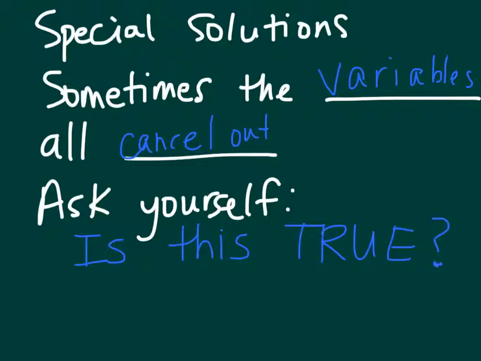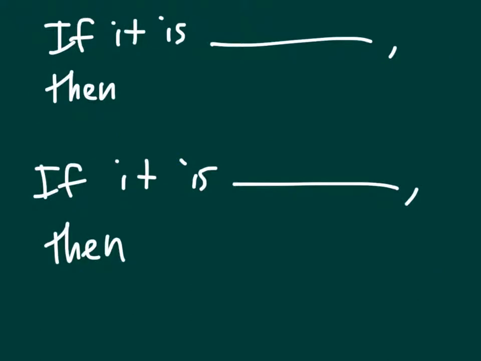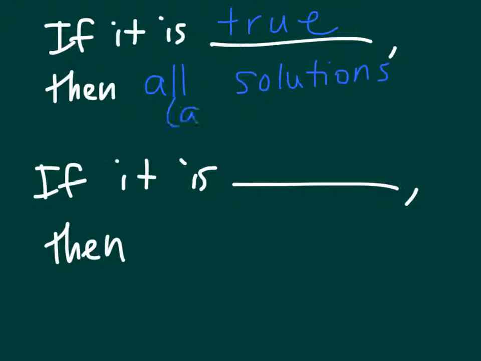And so we're going to look at what we have left over and ask ourselves, is this true? If it is true, then that means that the answer is all solutions. That's our answer. Or sometimes we say infinite solutions or many solutions. But basically it means that your variable could be anything.